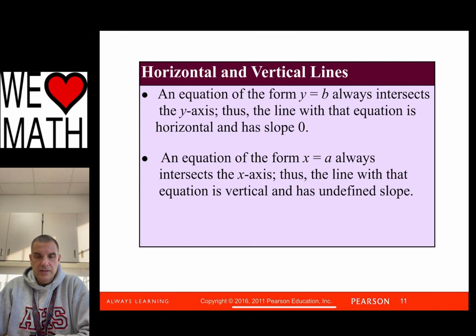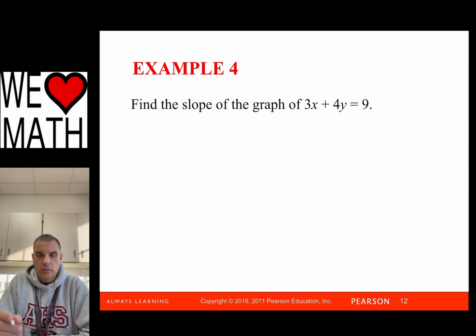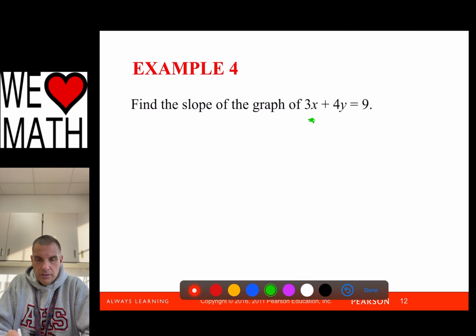So a couple other things then to kind of keep in mind, and I just said this, an equation in the form y equals, the slope is 0, and the x equals is always undefined, as an undefined slope. Okay, so if we want to find the slope of this graph, we're going to solve for y. They find the intercepts, we're going to solve for y. So we're going to subtract 3x.